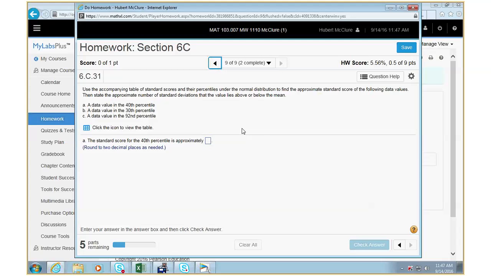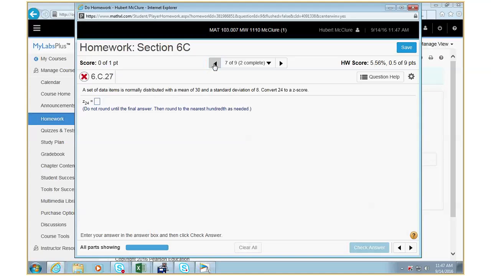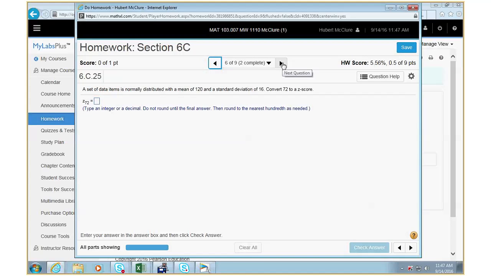No, that's not it. It's in like 6B. You click on the table and you gotta sit there and go. That's it. See, it gives you this one. Does it do the percentiles? No, it doesn't. Okay, here it is.